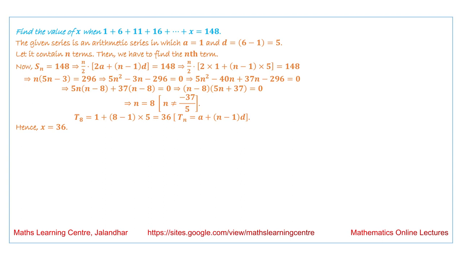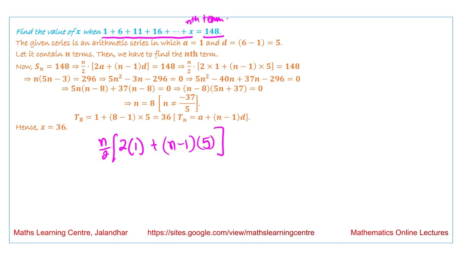Next is to find the value of x when this sum is equal to 148. So suppose this is the nth term. We have n by 2 into (2a, where the value of a is 1, plus (n minus 1) times d, where the value of d is 5), and that is equal to 148.